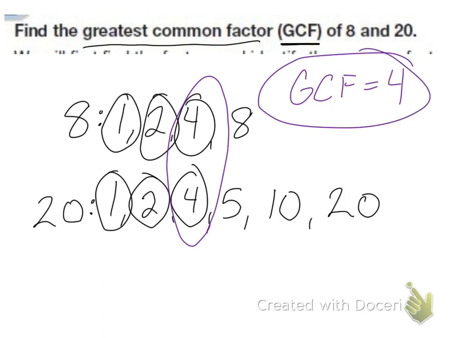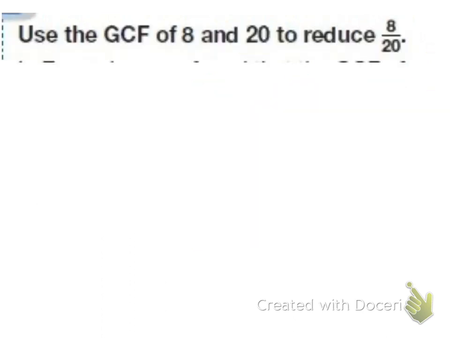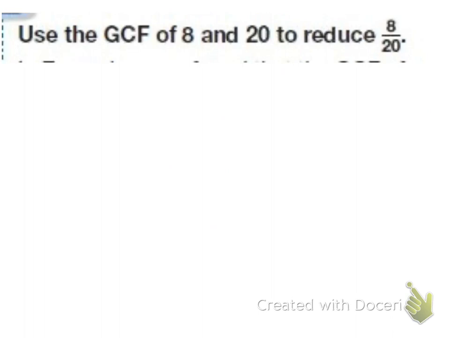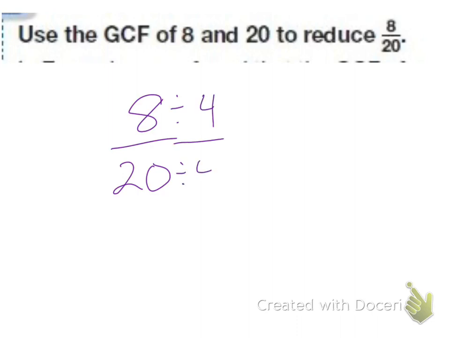All right, and we can also use greatest common factors to help us reduce fractions. It says use the greatest common factor of 8 and 20 to reduce 8/20ths. We found out the greatest common factor is 4, so we're going to take 8/20ths and divide the top and the bottom by 4. 8 divided by 4 is 2, and 20 divided by 4 is 5.